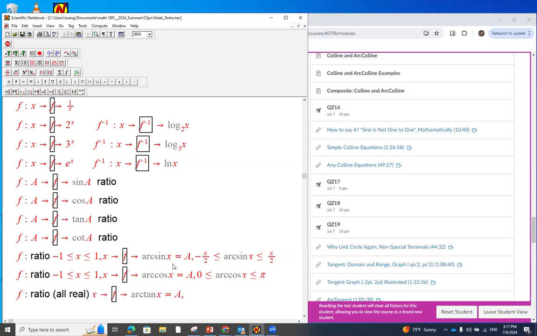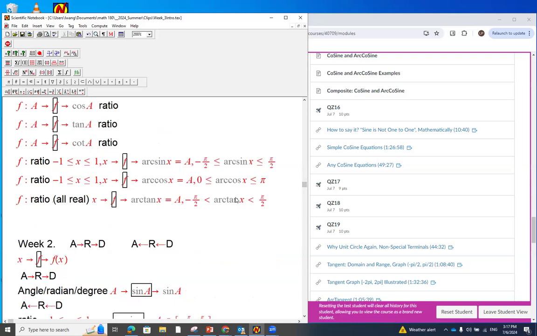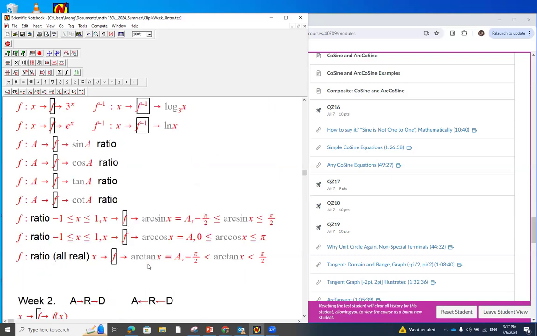The range is almost the same, but not the same as arcsine: it is strictly greater than -π/2 and strictly less than π/2. So these are all the functions we have been studying in the past 3 weeks, and their various compositions.